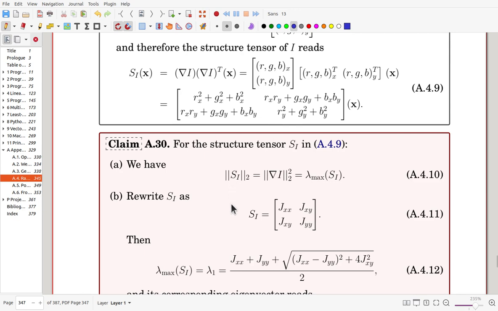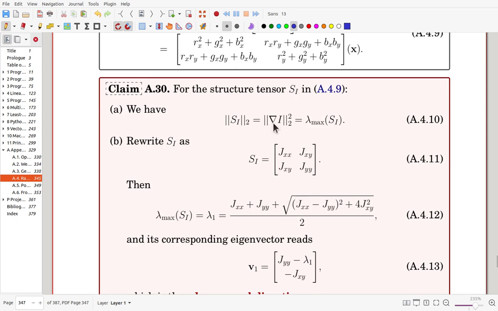Now, to find the eigenvalue explicitly, we start with this name. We try to give the name JXX, JXY, the same, JXY, and JYY. So it is a kind of a Jacobian. Now, from this one, we can get S sub I minus lambda I and try to get determinant equals 0.